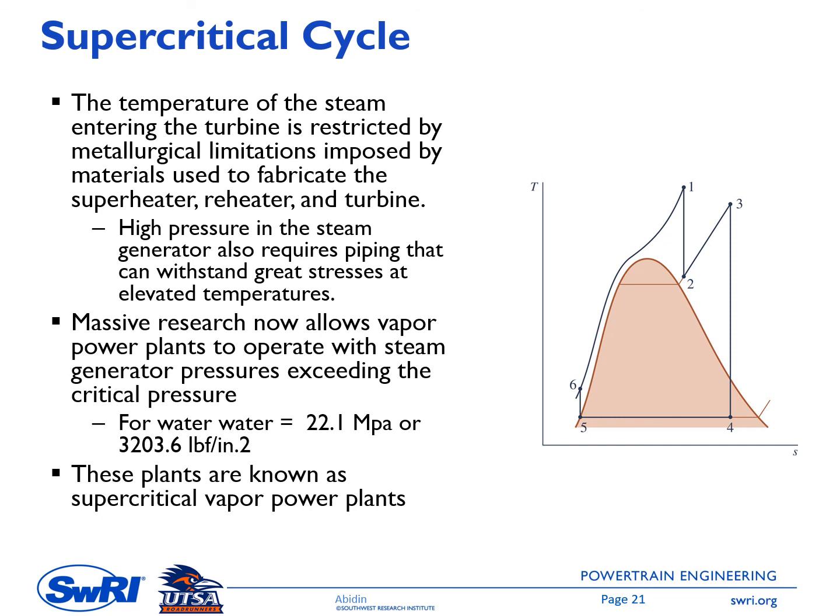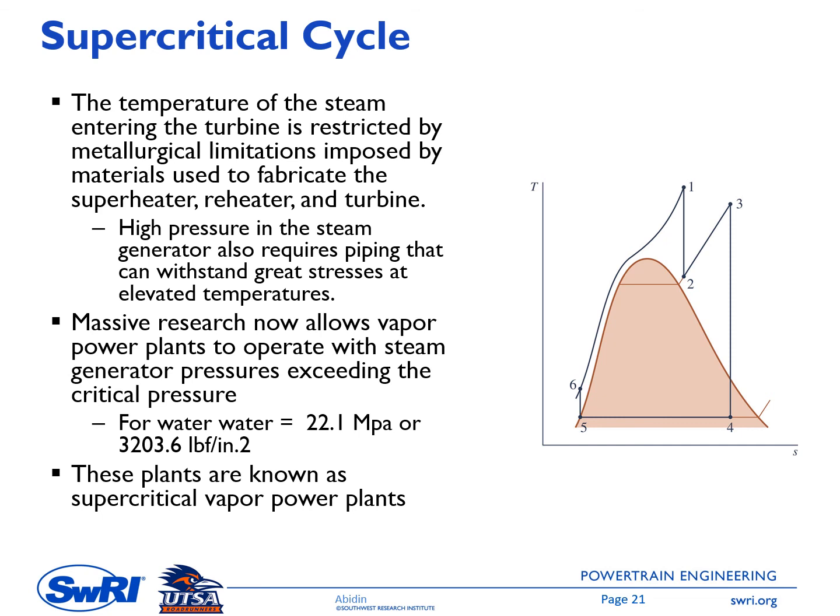High pressure in the steam generator also requires piping that can withstand great stresses at elevated temperature. So once again, our goal from the efficiency perspective is to have the temperature as high as possible, but it is limited by the material capability.